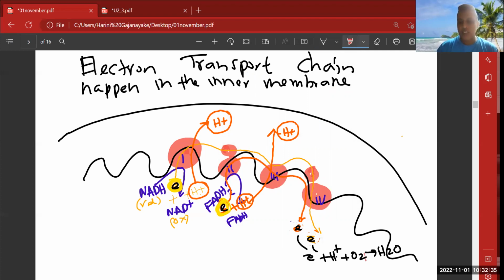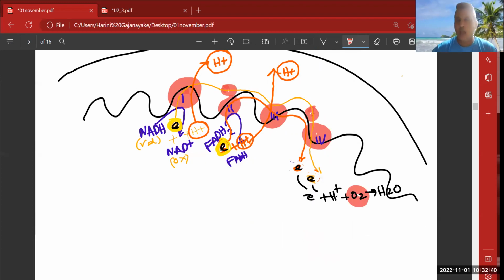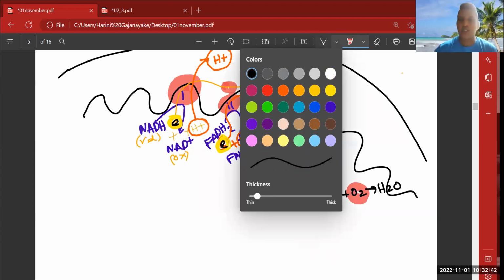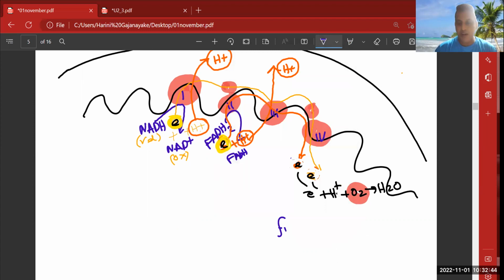So oxygen is the electron acceptor. We call it the final electron acceptor, which is oxygen. That's very important. The final electron acceptor is oxygen.